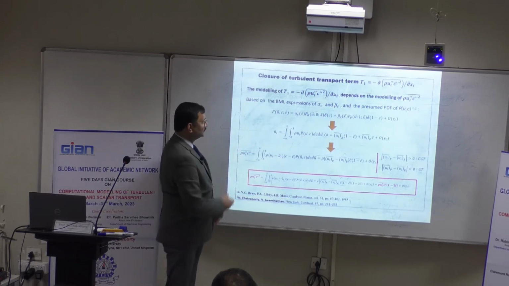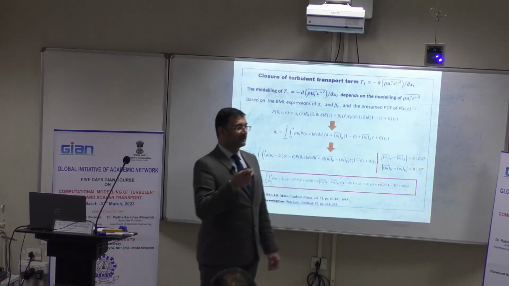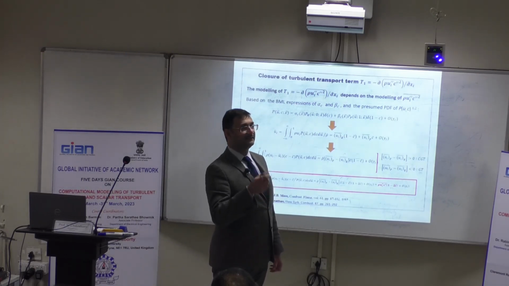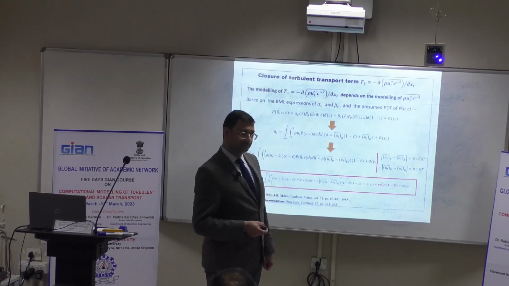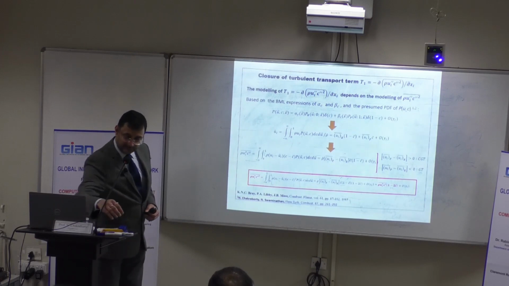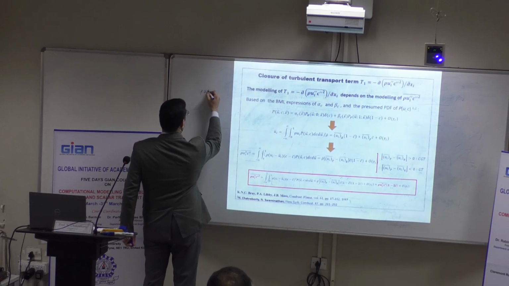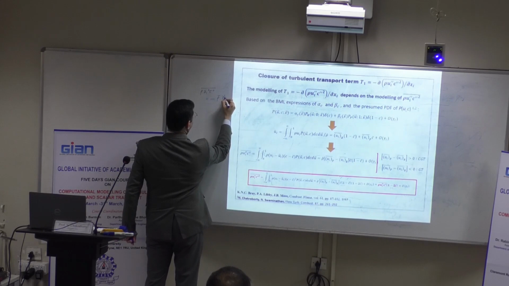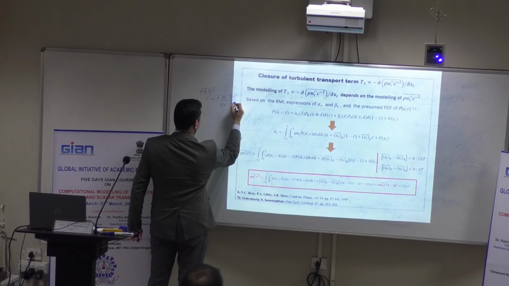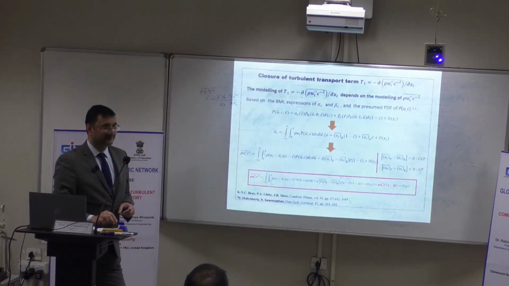According to the gradient hypothesis, this one should be negative of rho bar times turbulent diffusivity times del C tilde del x. We discussed it already. Clear?